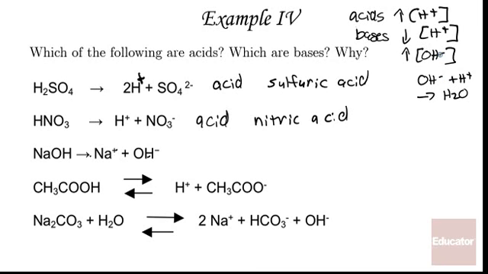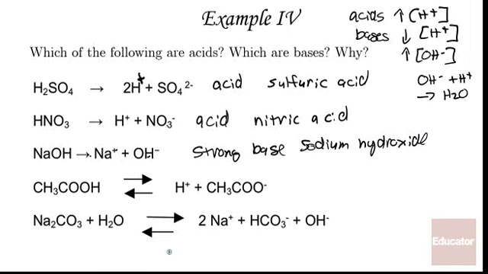So you can think of a base either as just something that decreases hydrogen ion concentration or that increases hydroxide ions. Since this is increasing the concentration of OH-, it's a base. And this is a strong base, sodium hydroxide. Sodium hydroxide dissociates into sodium and hydroxide.